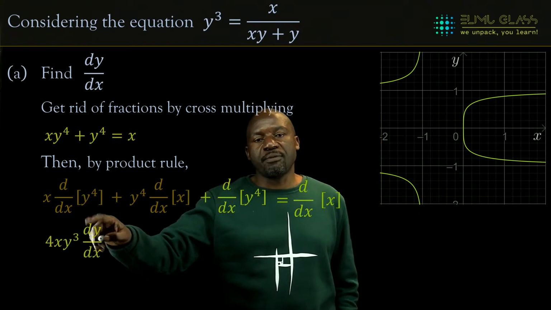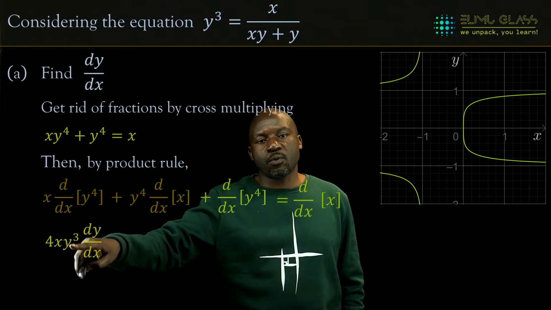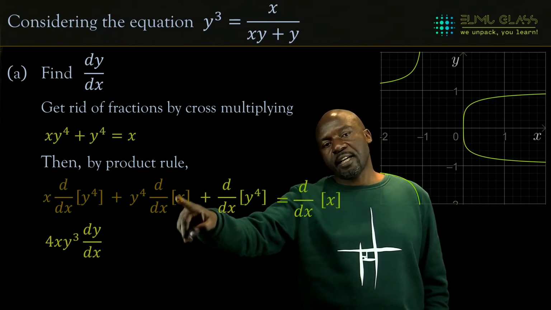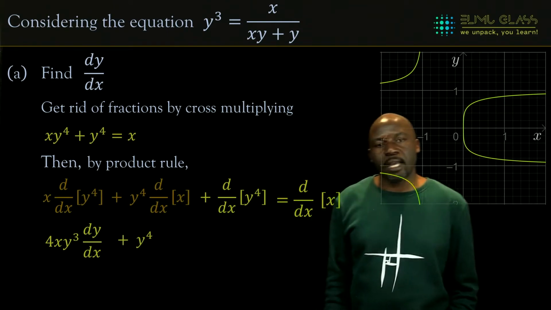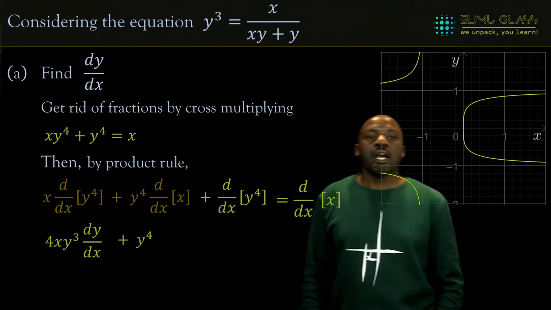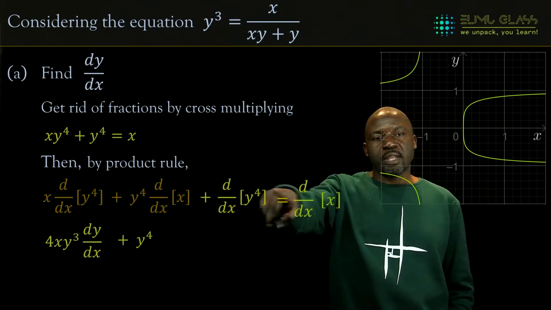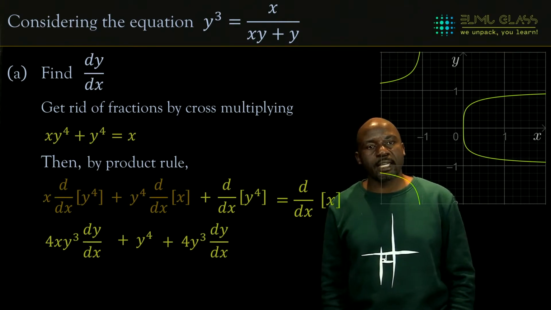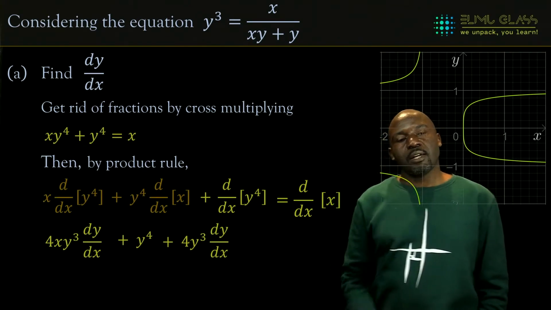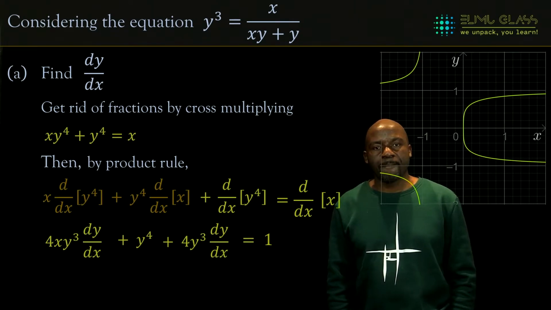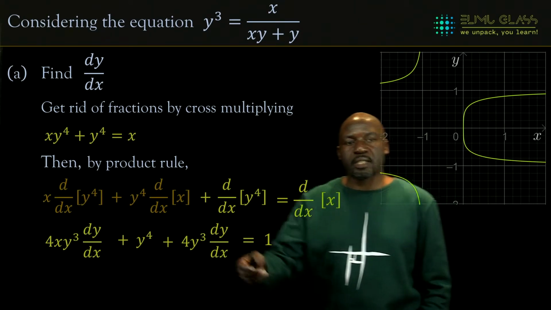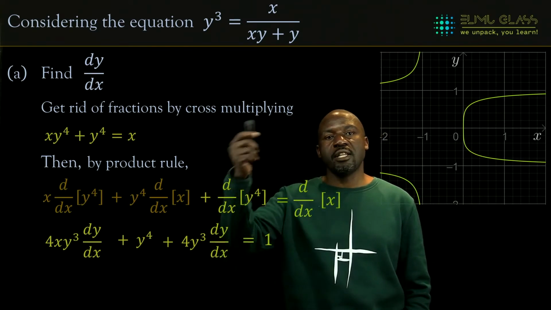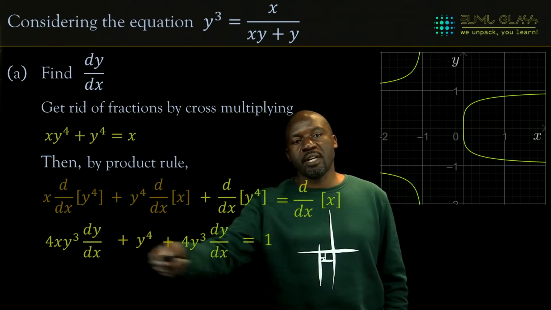I'm writing the simplified form: 4xy cubed dy by dx, plus dx by dx is just 1, so plus y to the power 4, and then we add the next one, 4y cubed dy by dx, and that must be equal to 1 on the right-hand side. We can simplify this if we want, but if we are interested in the second derivative, this would already be enough to proceed.